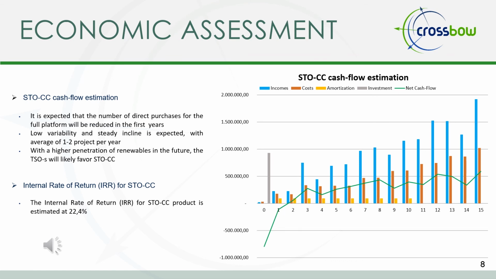Based on previous estimations and this cash flow estimation, the internal rate of return for the STO-CC product is 22.4%, which constitutes a very competitive approach with a high level of interest for future investment or financial support if needed.